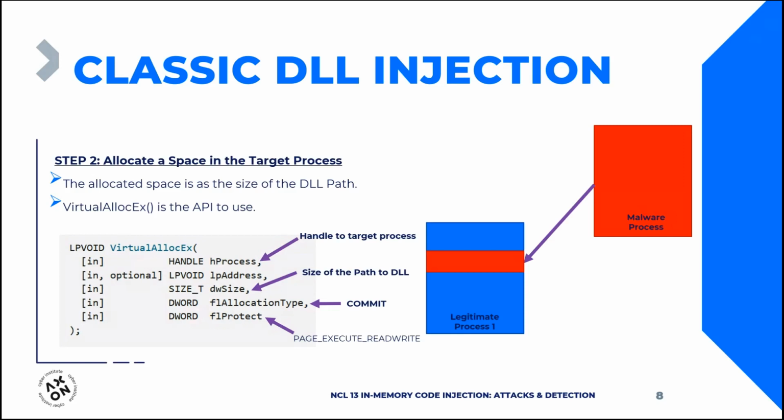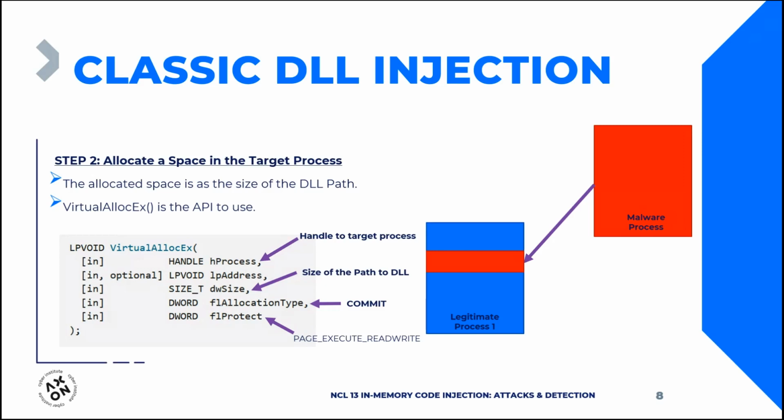inside target process one, and then it needs to give it certain permissions. And the most common permissions for code injection is execute, read, write. Why is that? We need, first of all, the write permission so that we can write our code into the process.